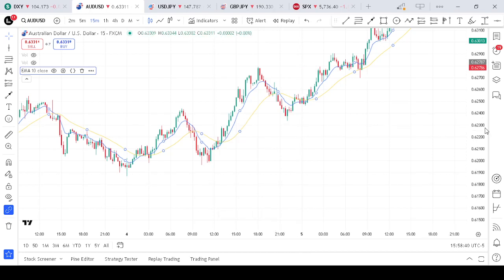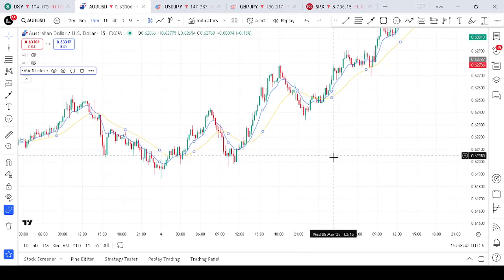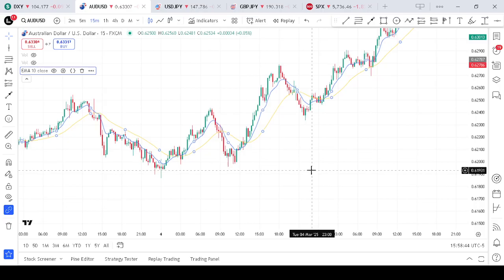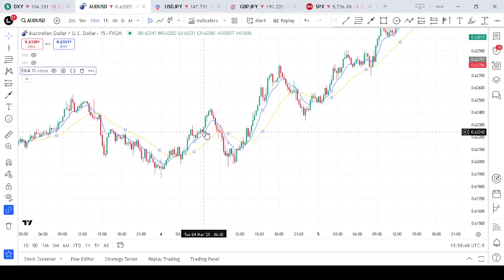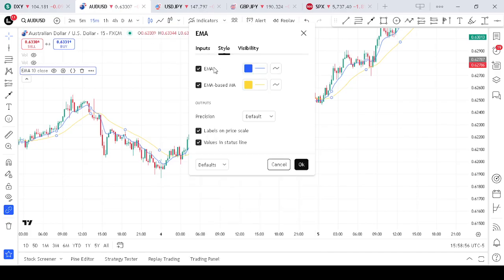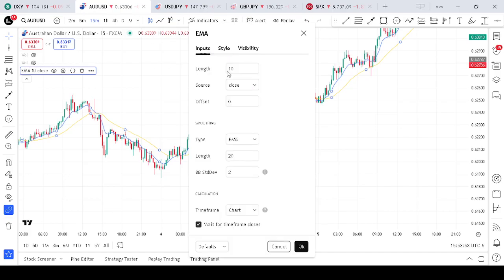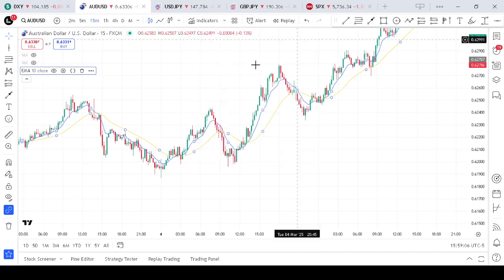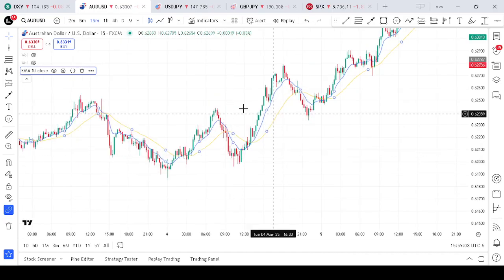So how does this strategy work? For a buy signal, when the 10 period moving average crosses above the 20 period moving average, let's look at this setting again. For our style, we can see the 10 period moving average is the blue line, while the 20 moving average is the yellow line, to make it easier for us to understand.